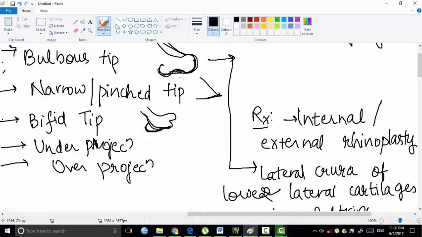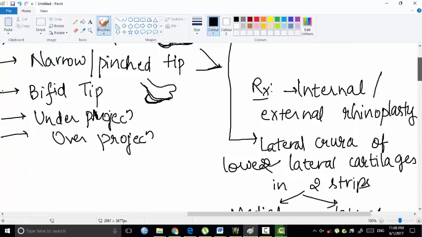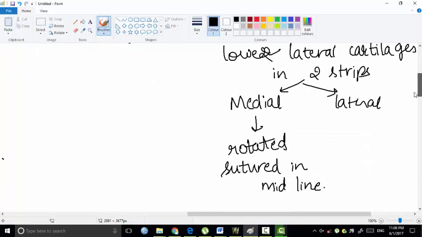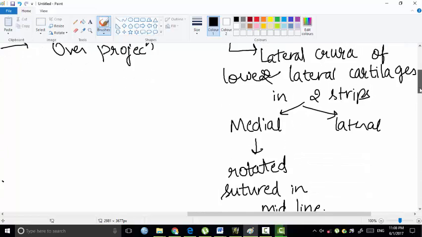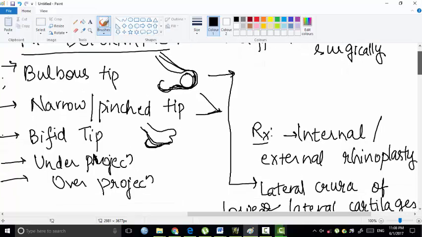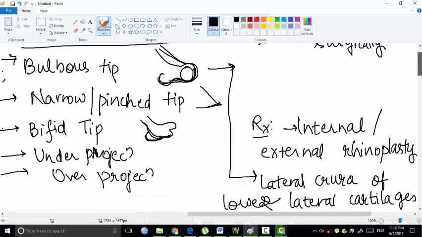So here there is a bulb-like thing, so you will cut the lateral cartilage like this, in such a way that there is a lateral one and a medial one. The medial ones you combine and rotate in such a way, and it is sutured to get a good look. And then the other thing is narrow or pinched nose.